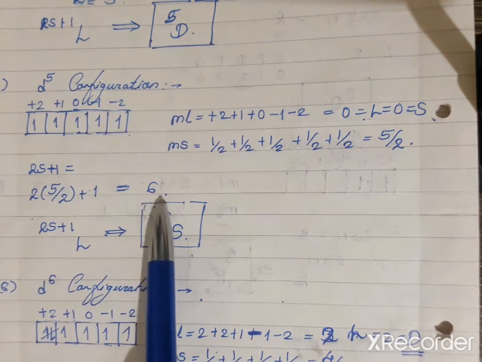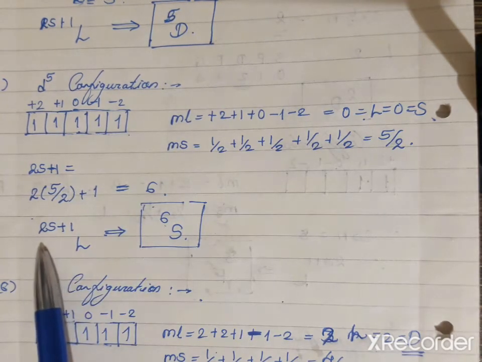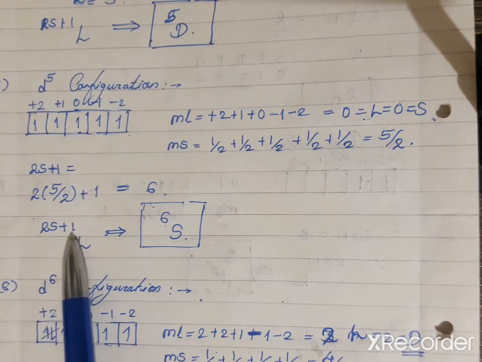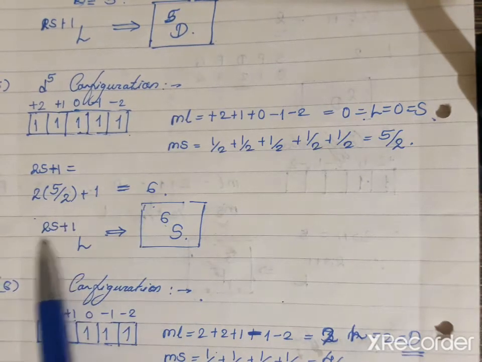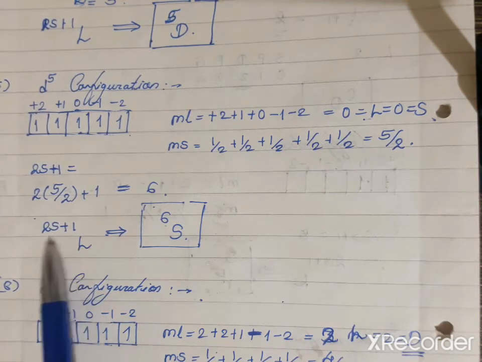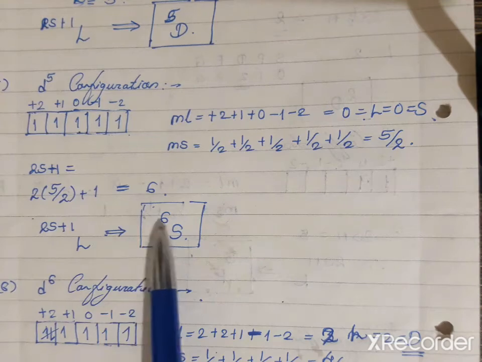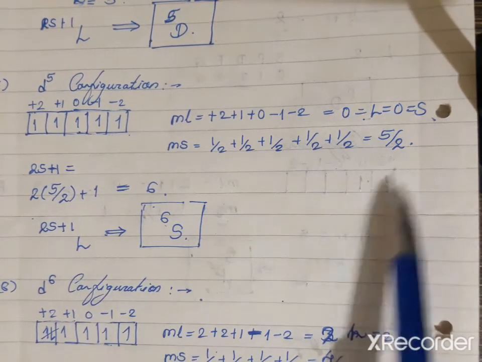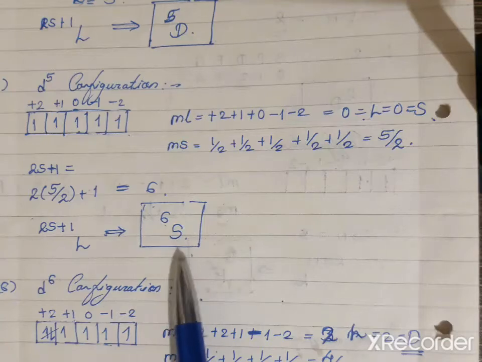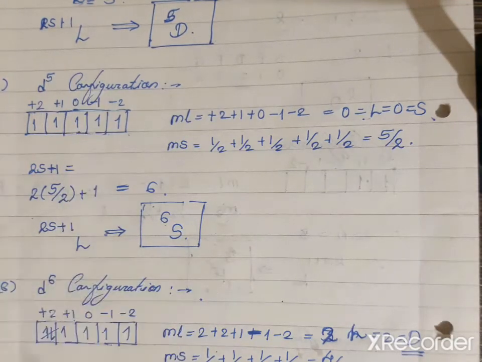So it is sextet. Now this is the Russell-Saunders term, 2S plus 1 L. The 2S plus 1 is the spin multiplicity, not coupling. So 2S plus 1 is equal to 6, and L is equal to 0. So the term symbol is S. Okay. So it is sextet S for the d5 configuration.